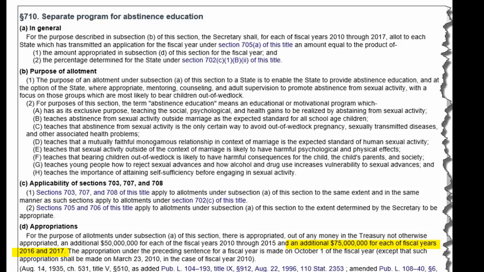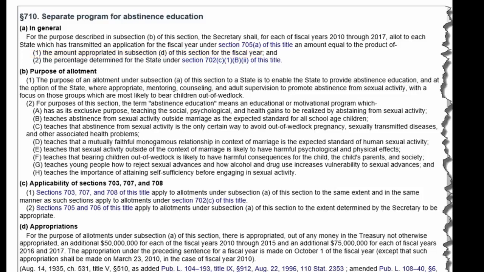"For each of fiscal years 2016-2017" suggests a single year of availability. In addition, there are no other indications of an extended period of availability. Furthermore, note in paragraph A that allotments or grants to states are limited to the amount appropriated for the fiscal year in paragraph D. This language, read in context, suggests that abstinence education funding was not intended by Congress to be available for more than 1 year.